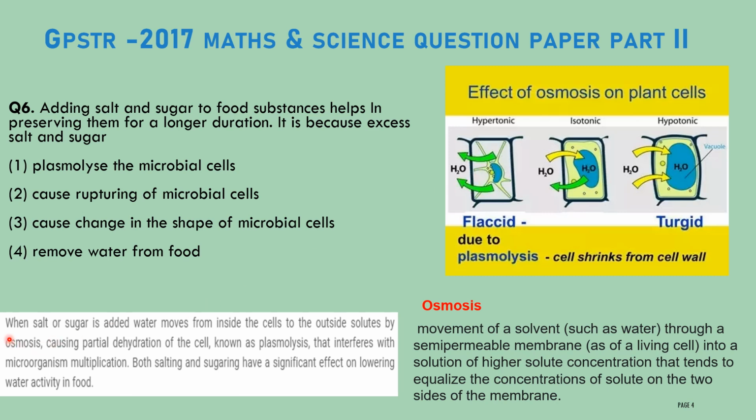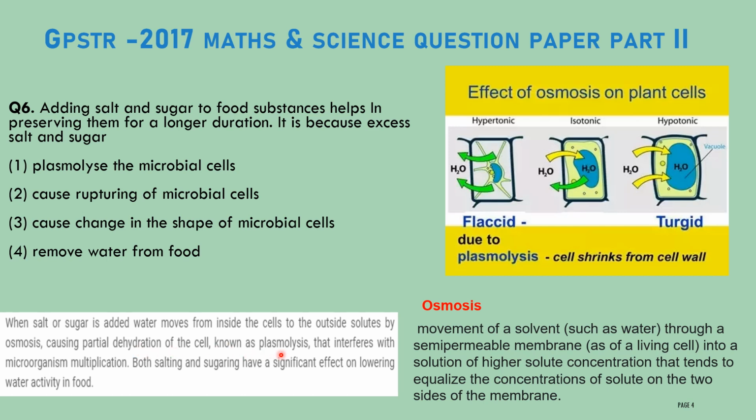Let us see here. When salt or sugar is added, water moves from inside the cell to the outside solute by osmosis. If you add salt and sugar to a particular food, then through the process of osmosis the water will come out, causing partial dehydration. Dehydration is nothing but removal of water.